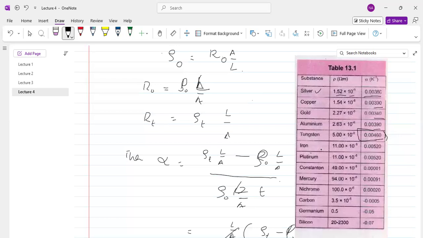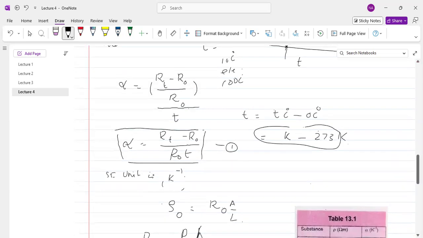So there are some compounds with a negative temperature coefficient of resistance. This is also an important concept for materials which have negative temperature coefficient of resistance. What is meant by this? This means that this factor will give a negative answer.